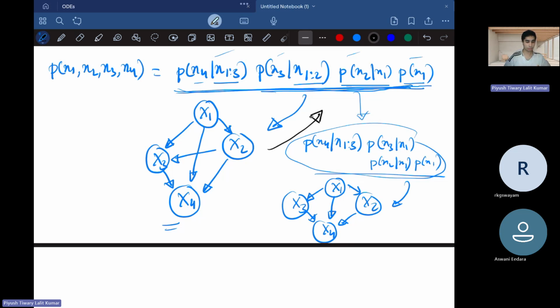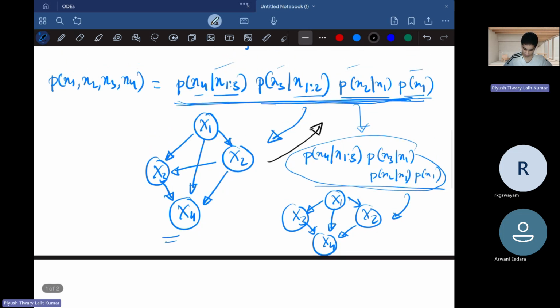So we can think about which node is influencing which other node, construct a graph, and then go to the corresponding decomposition. That is what we would like to do, and that is why PGMs are so helpful. They allow us to think about real world phenomena in a very intuitive manner.